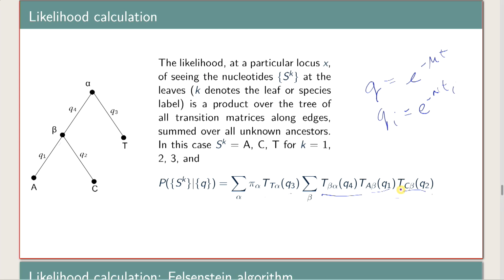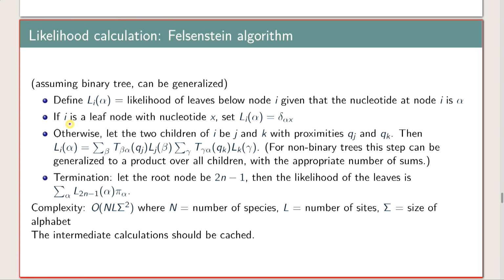It's the likelihood of this piece, which I wrote here, times the likelihood of this piece given beta. In the algorithm, you define the likelihood of the leaves below node i, given that the nucleotide at node i is alpha.